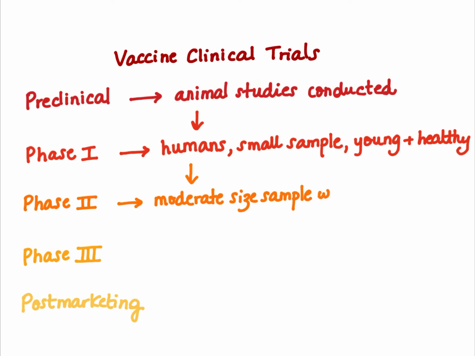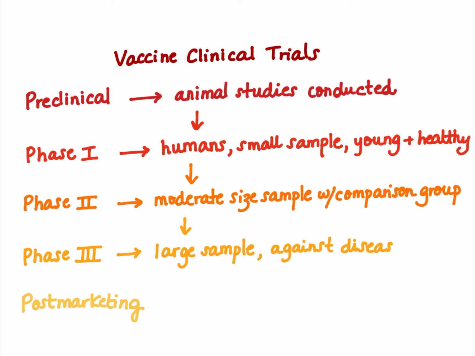Whereas phase 2 will employ a moderate-sized sample of the human population, and we will add a comparison group in which a select sample of volunteers will not receive the vaccine.